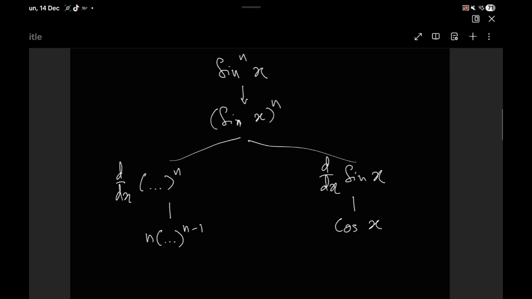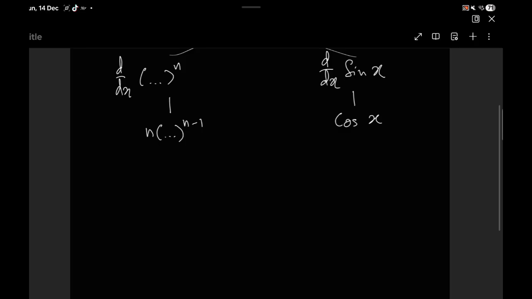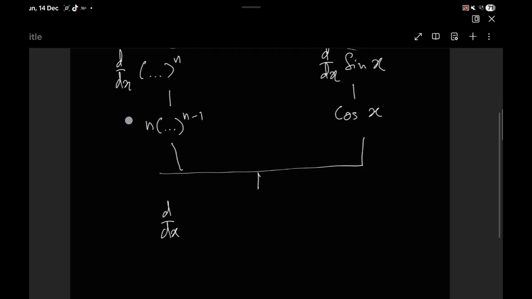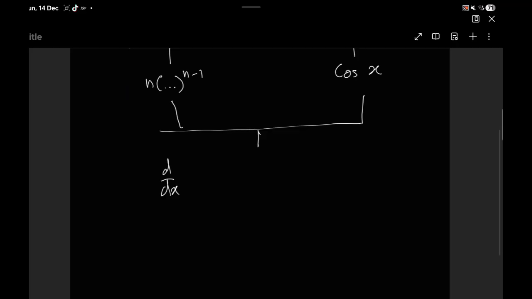Okay, so now that we have differentiated the two, we can then combine it again to get its final derivative. So the d over dx for sine to the power of n x is, we can just write n, and then inside the bracket is sine x, right? Its original function that you want to differentiate, to the power n minus 1, times cos x.